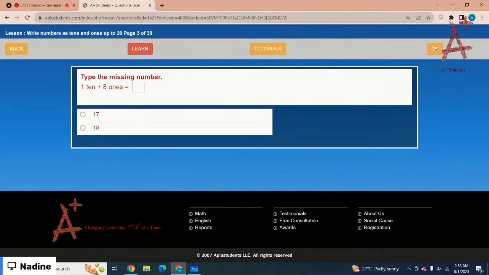So it would be 18. Correct option is 18.